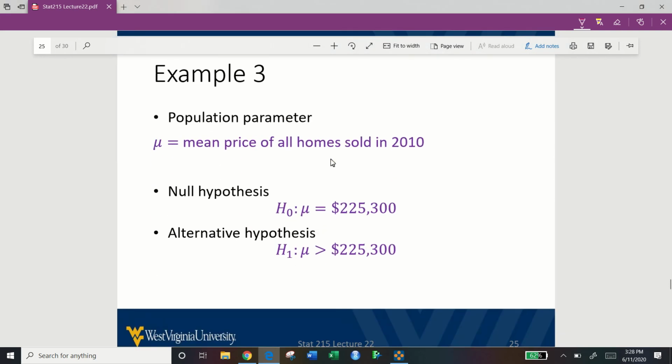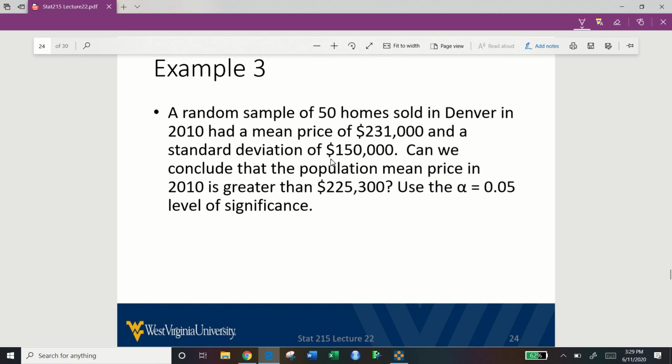So our null hypothesis will be H naught: mu equals 225,300. And our alternative hypothesis will be H1: mu greater than 225,300. If we scroll up, remember, we are asked to find, can we conclude that the population mean price in 2010 is greater than 225,300?